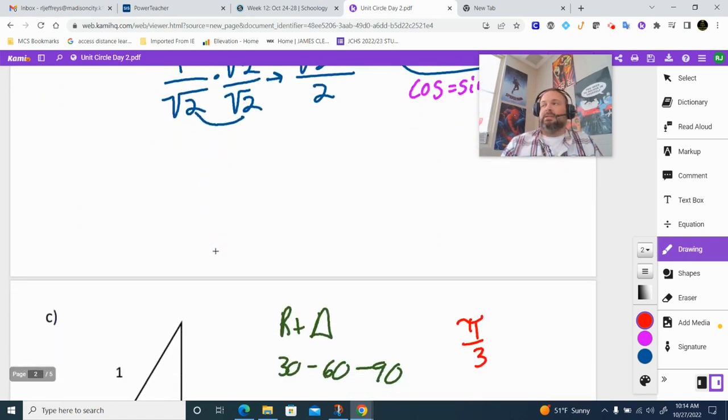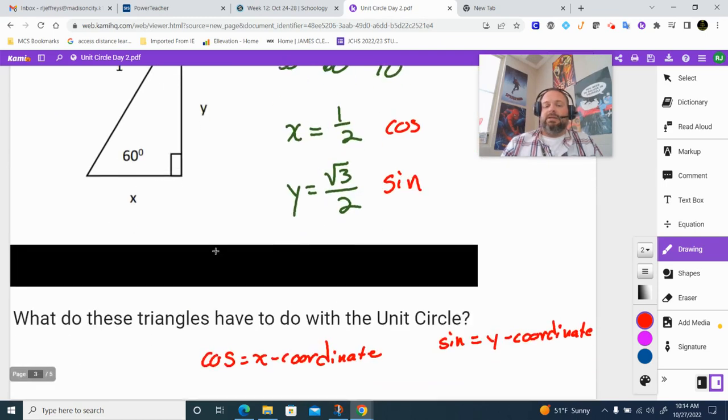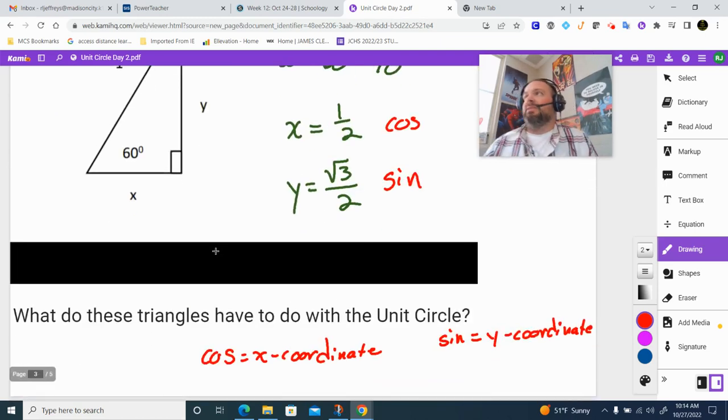It was actually connected. They were all connected. Okay. That's kind of the big picture there. Now, believe it or not, you can actually, with these 3 triangles, make the entire unit circle on your own. That's not what we're doing later.